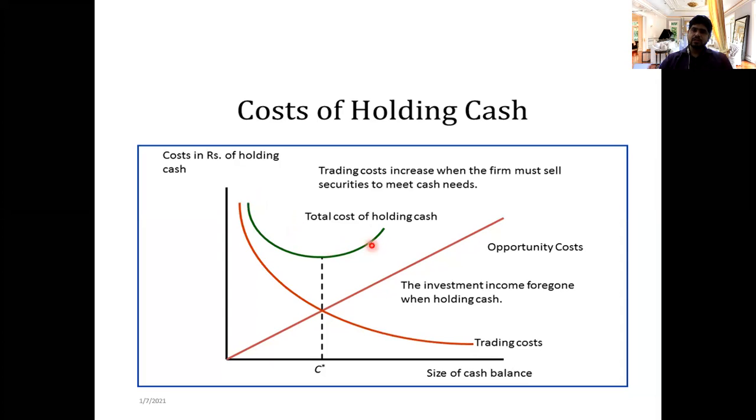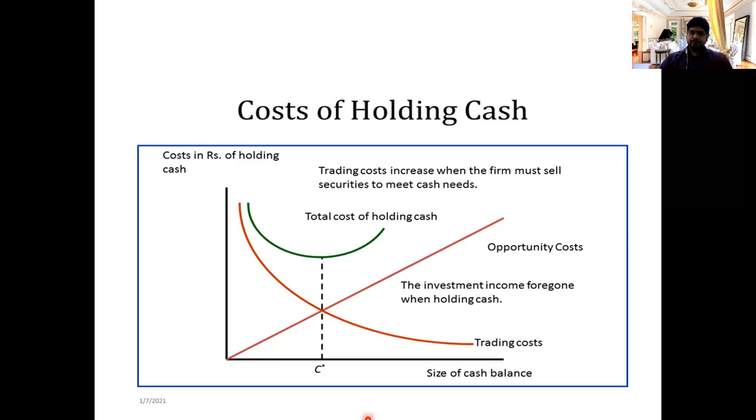This is the total cost. Here, the opportunity cost and trading cost intersect at this point, where the total cost of holding cash can be minimized. So it's the same principle as inventory management, the EOQ model, right?